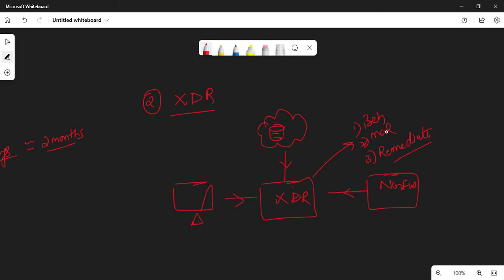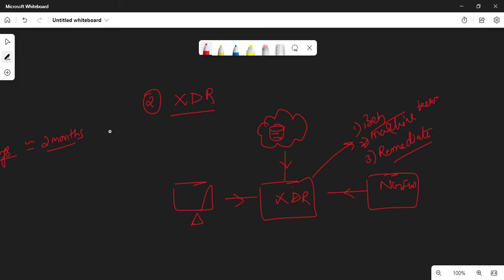Okay, so behavior analysis, machine learning techniques, all these things are available inside the XDR as well. So it is like an extended version of EDR, where you are not only getting information from your endpoints, but you're also getting information from your cloud resources, your network security resources, and you are analyzing that information, and then accordingly you are remediating the attacks. Okay.